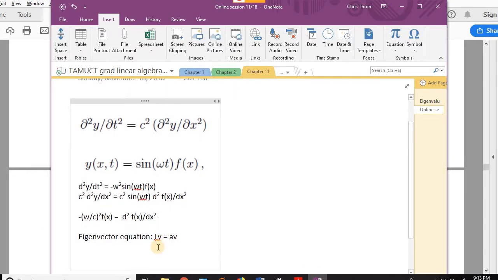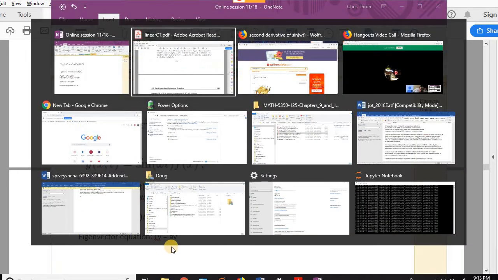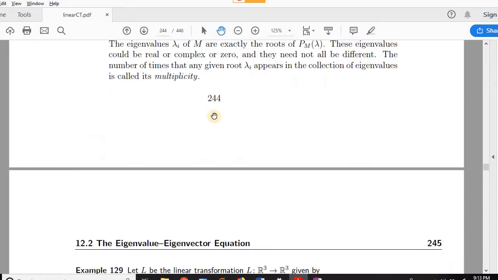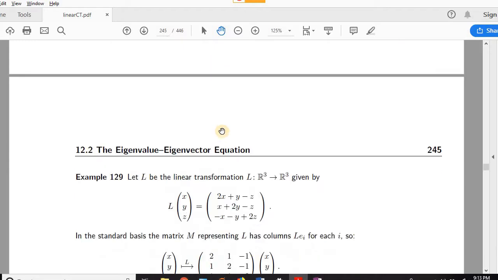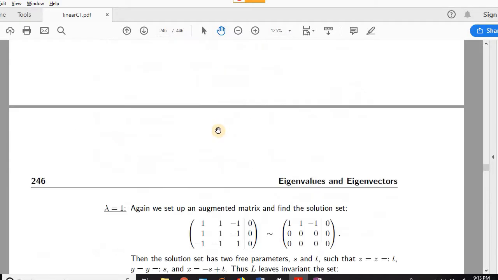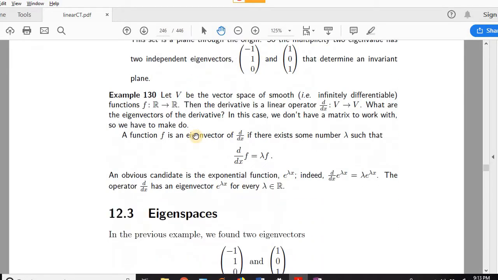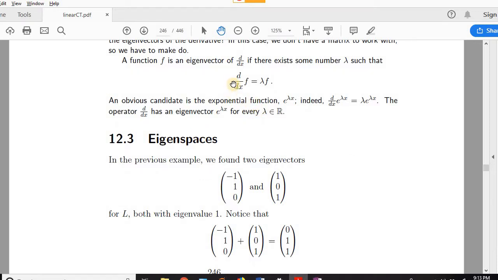Now, how can you compare that to this? Here the problem actually tells you what the vector is. The vector is f. Functions are vectors. Here's an eigenvector equation, right? This one says that f is an eigenvector of d/dx.